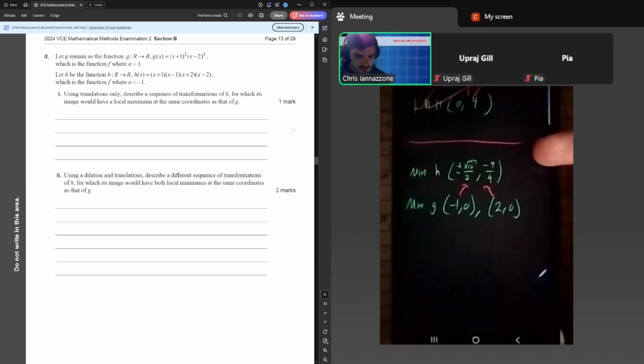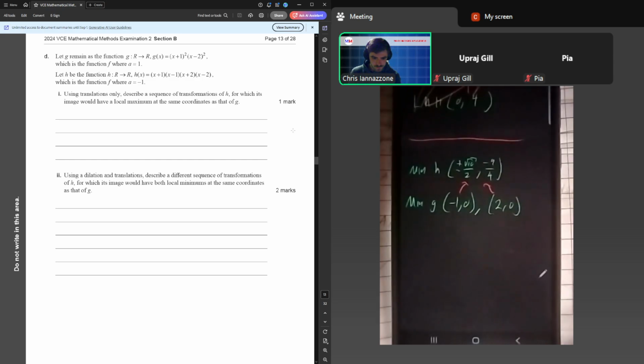That at least gives us a bit of a direction to make it happen. As far as making it happen, a bit more of a challenge. And the key to recognize here is you only get one dilation, but you get as many translations as you want.